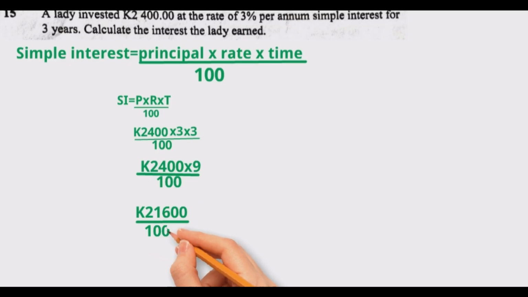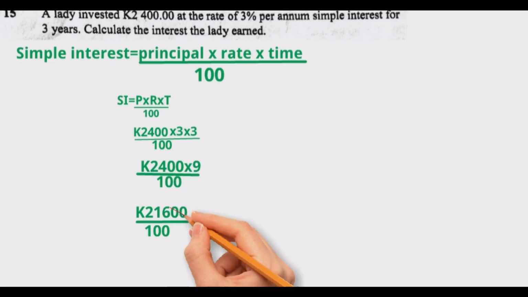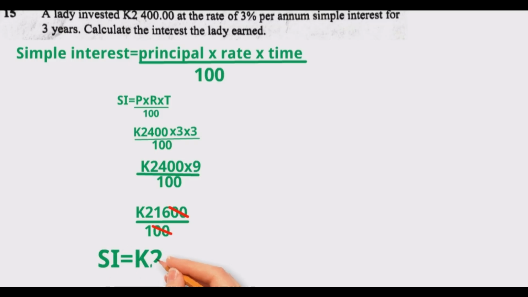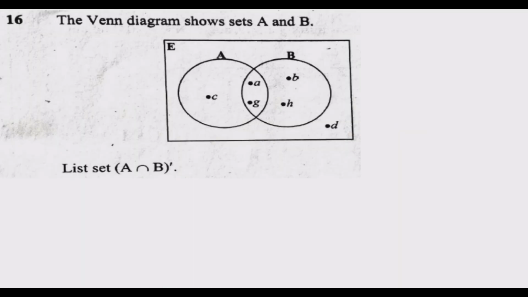Then we cancel the zeros on top and the zeros down. We remain with 1 down here, and on top we remain with 216. Then the SI will be equal to 216 kwacha. So the interest which the lady earned was 216 kwacha.